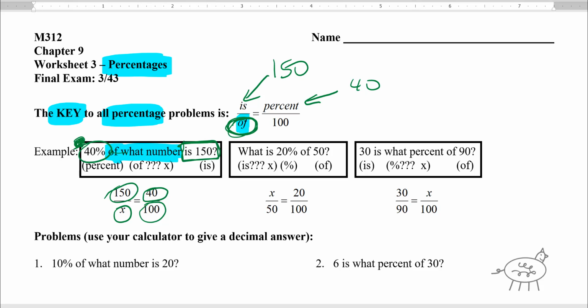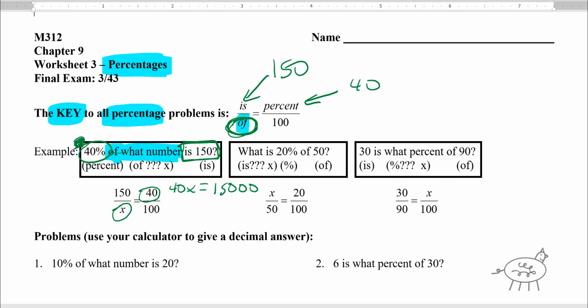Once you place that, you take your calculator. Well, first of all, remember 40 times x is 40x. And 150 times 100 is 15,000.